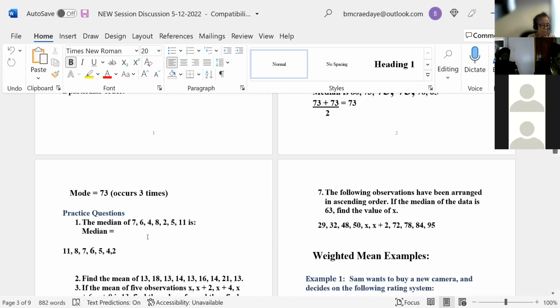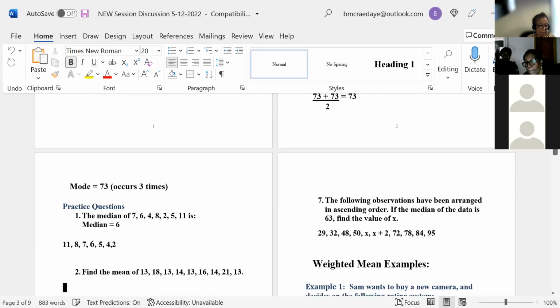Okay, so the median is 6. Did everybody get 6? Yes, Ms. Barbara. Okay, because this is an odd number, right? 7 items, so you have 3 before the median, and 3 after the median. Got it?